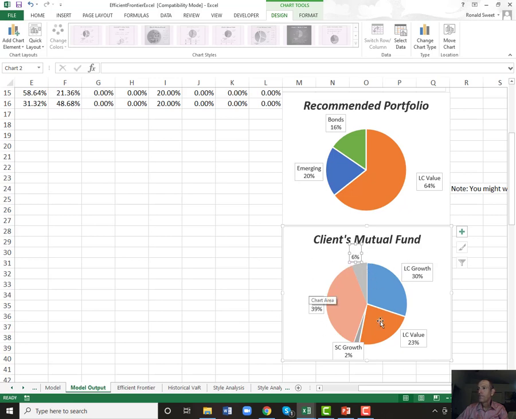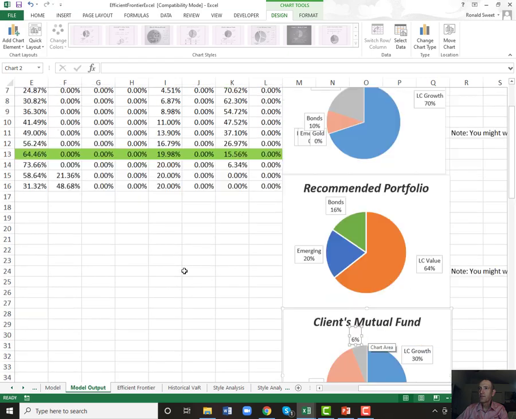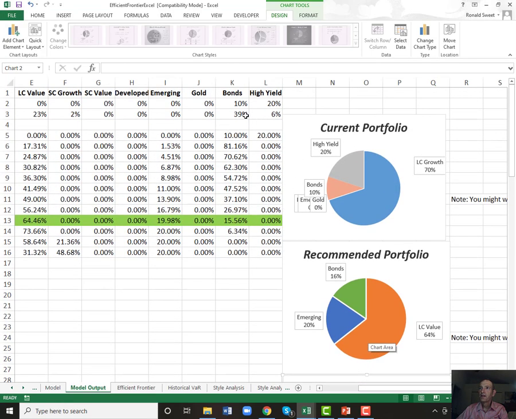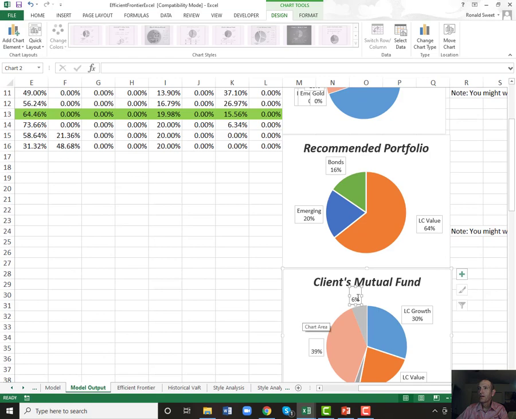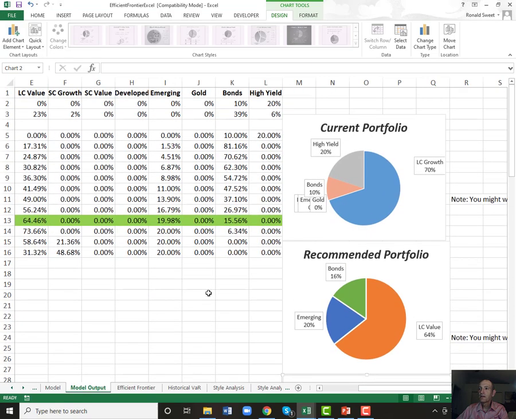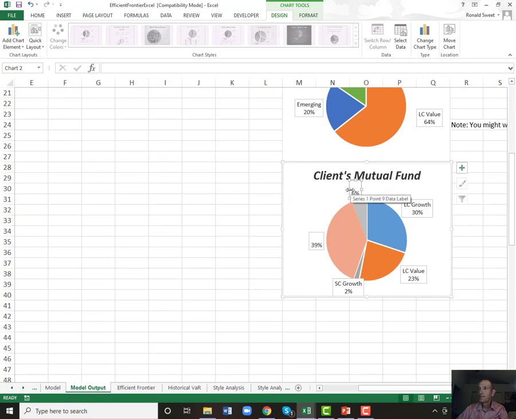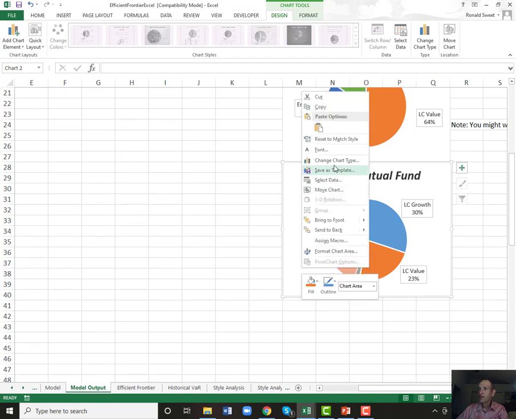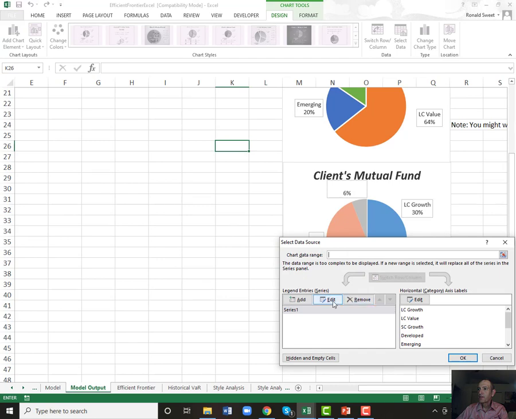Something's messed up. In fact, the bonds should have been in there somewhere. So something got messed up somewhere in here. Not sure why we're not showing. There's the 16. I don't know why it says 16% or 6. I don't even know what the 6% is. That's high yield. So not sure. Something got messed up. Let's see if we can get the titles to work.